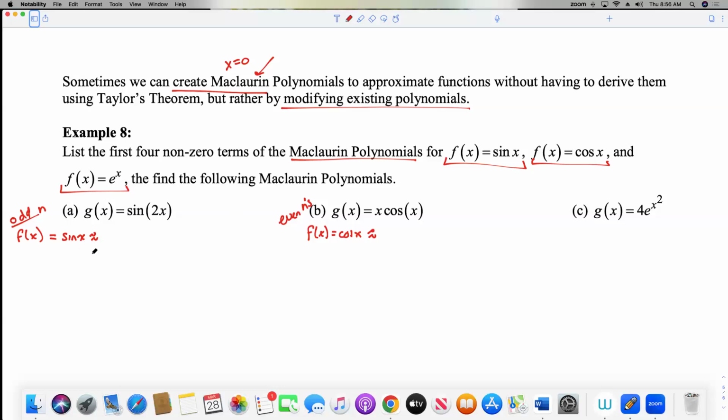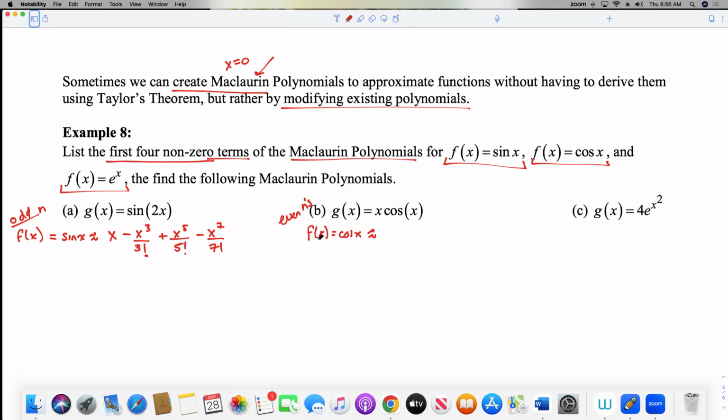Okay, so the odd n's, the first nth degree is x minus x cubed over 3 factorial plus x to the 5th over 5 factorial minus x to the 7th over 7 factorial. They wanted the first 4 non-zero terms. So this is not saying n equals 4. This means 4 terms. Okay, 1 term, 2 terms, 3 terms, 4 terms.